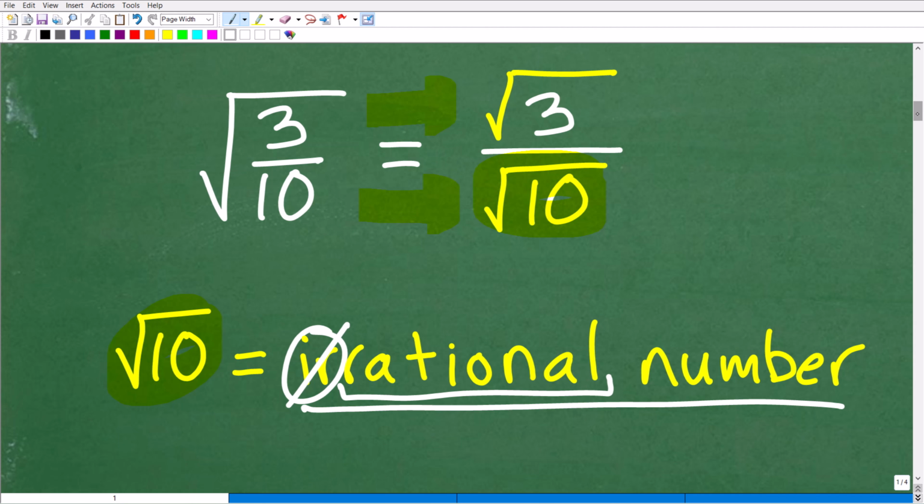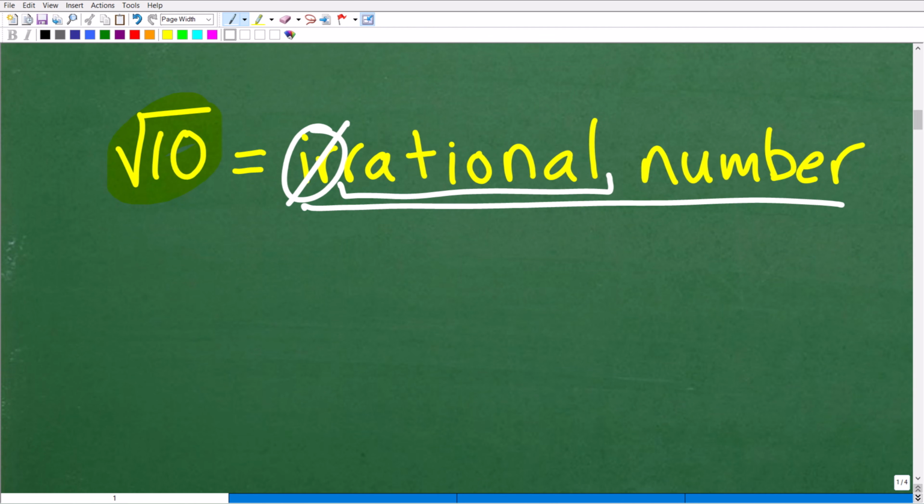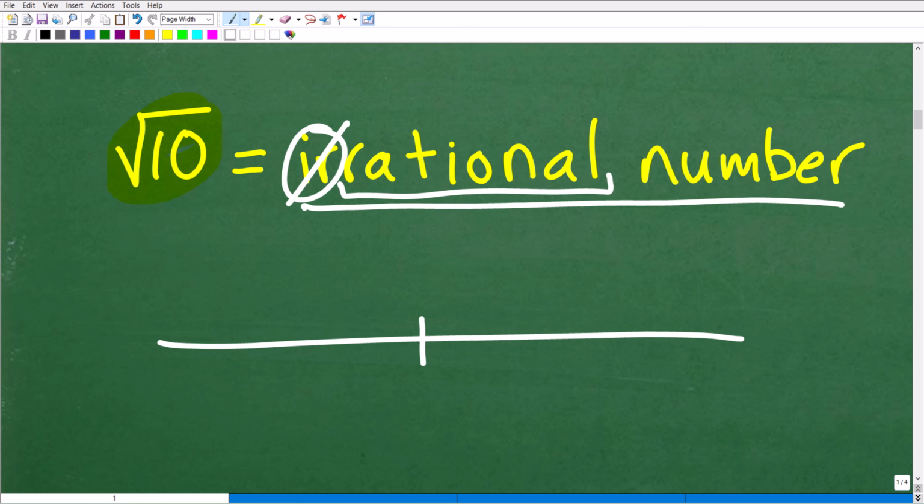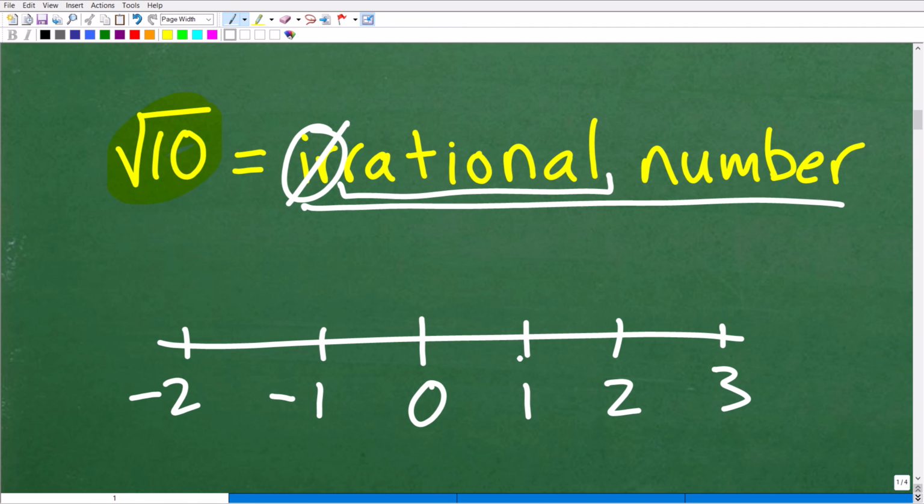So for the sake of this video, let's do a fast review. So here is 0 on our number line. Then we have 1, 2, numbers like this, -1, -2. These are what? These are integers, right? So then, of course, we have our counting numbers, our natural numbers, our whole numbers, and then we have our integers.